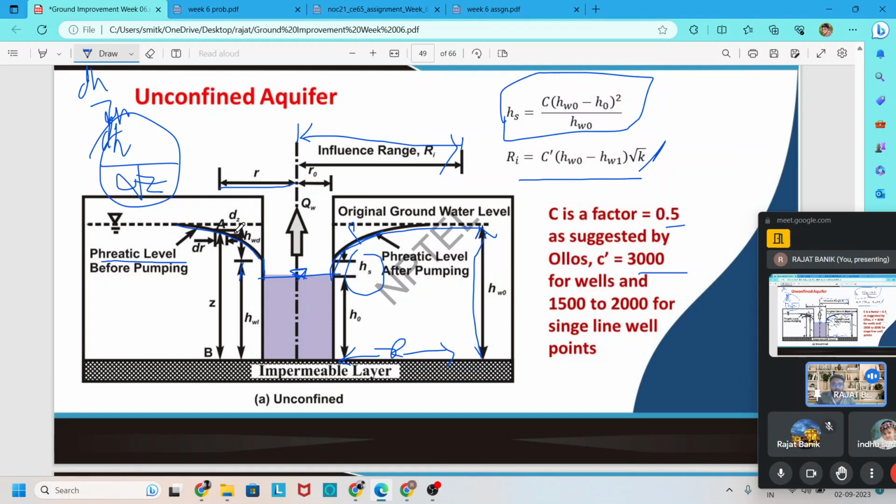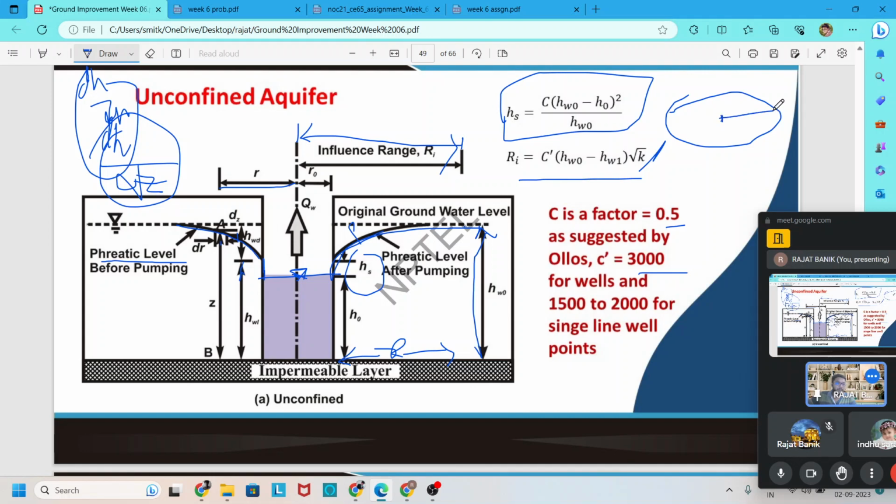That means from here to here, the water is dropped, so one hydraulic gradient is created. Now we apply, and this imaginary well is created like that.